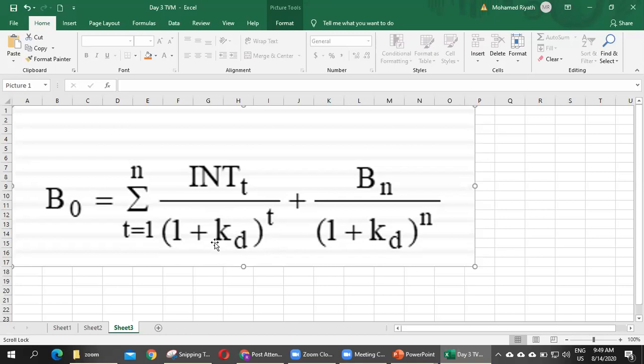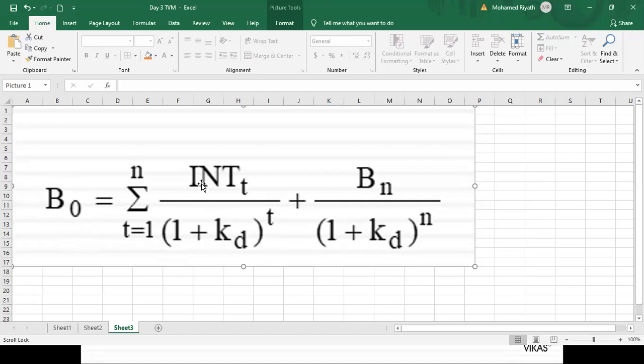We have to find out cost of debt, but they will give us the value of the bond today. In the question, they will give you information about value of the bond today, coupon rate, and maturity value. They are asking for cost of debt, KD. That's different, same formula.